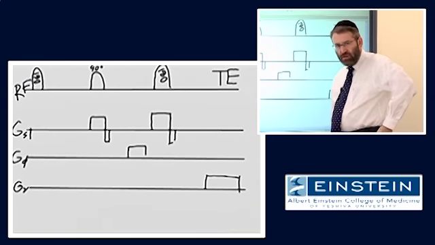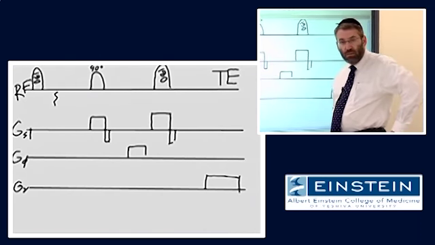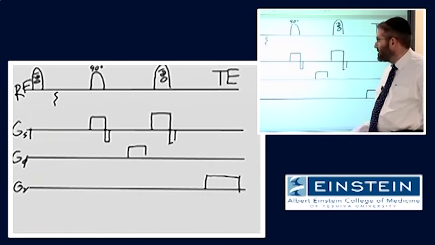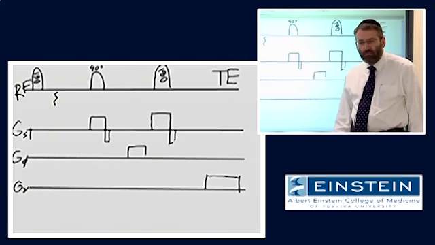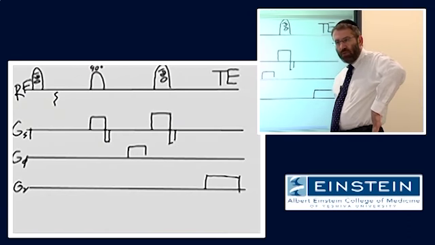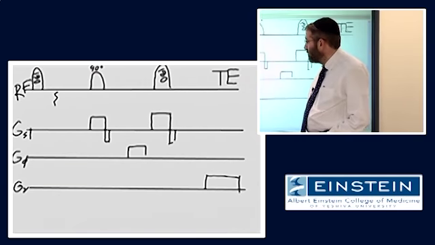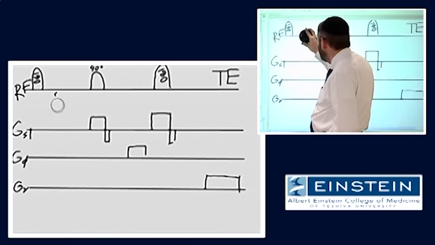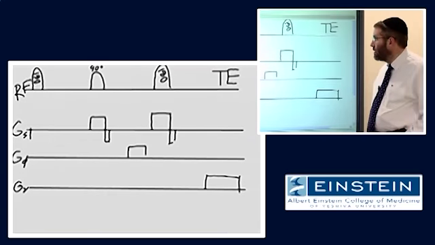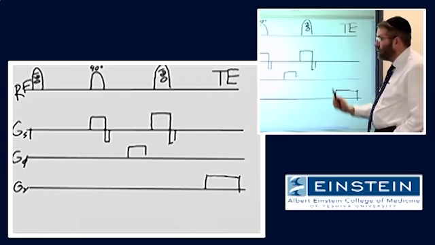At this point in time, if we would sample and listen for signal, how much signal would we be able to detect? Zero. Why? Because the definition of a 180 degree RF pulse is that there is no net transverse magnetization. There's no signal. So if we do this, does it have any impact on the signal that we ultimately measure at TE?